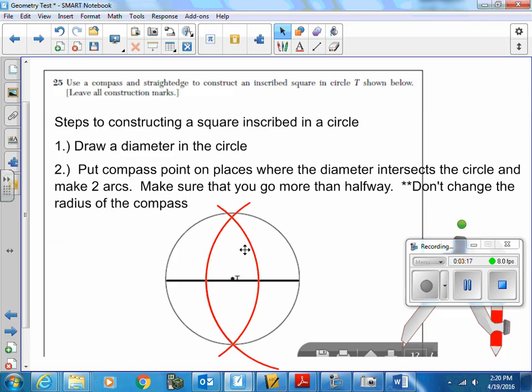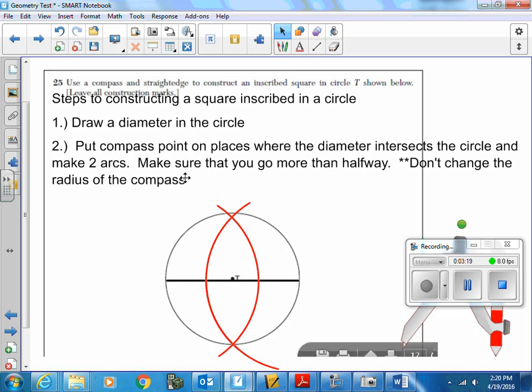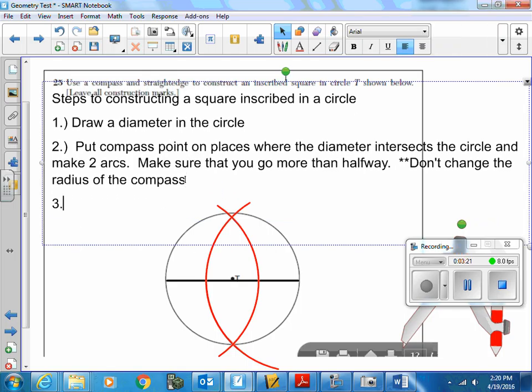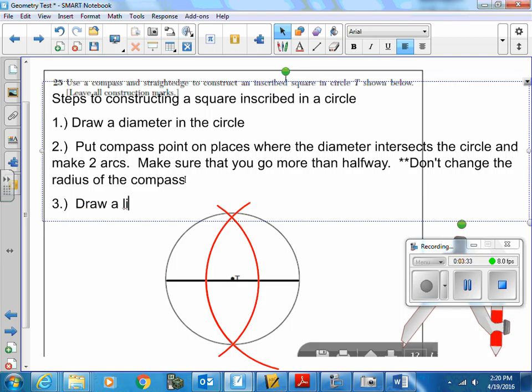All right, next step. Draw a line through the intersection point of the 2 arcs you constructed.